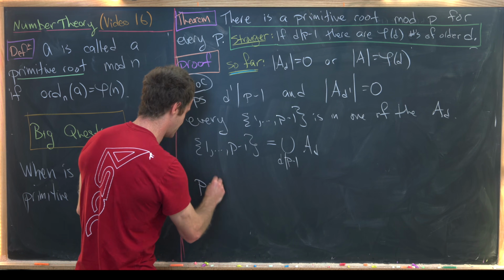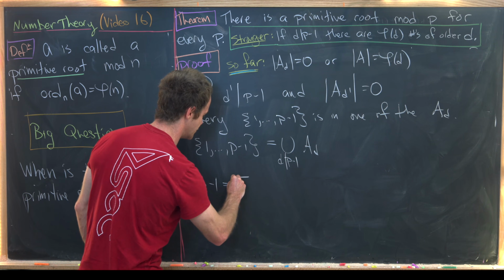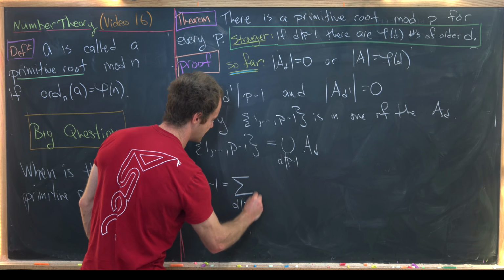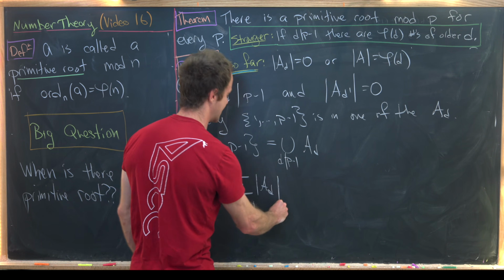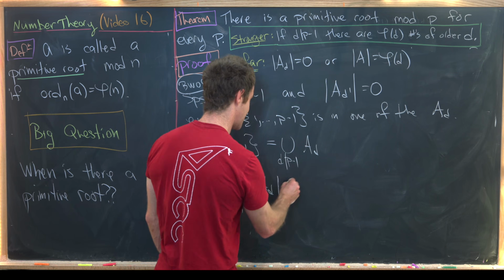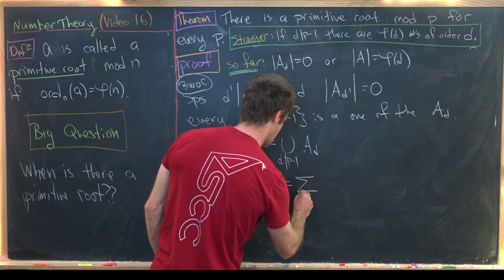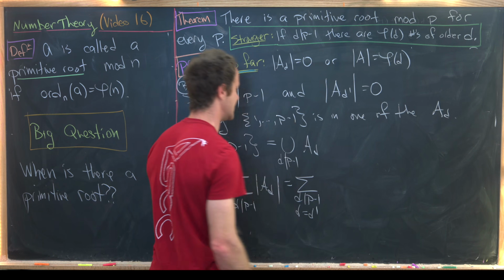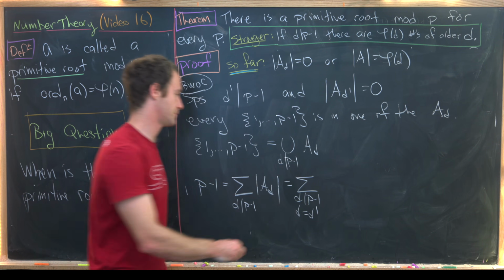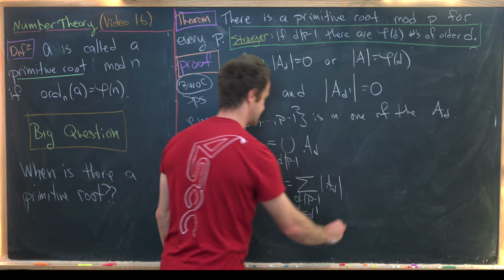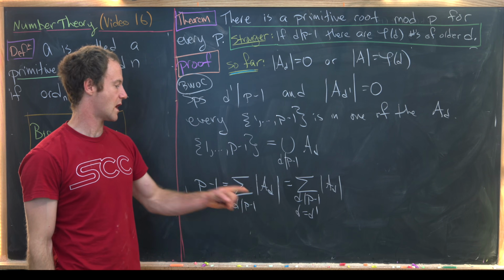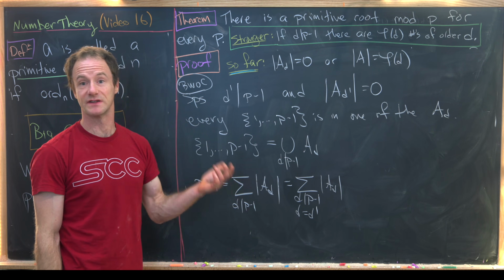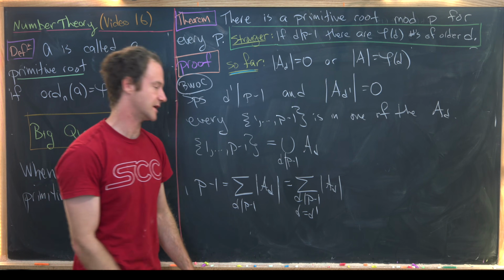So that means that p minus 1 is equal to the sum over all the divisors of p minus 1 of the size of A sub d. But that's going to be equal to the sum over all the divisors of p minus 1 that are not equal to this d prime of the size of A sub d. Why is that? Well, that's because the size of A sub d prime is equal to 0, so we don't really need to include it.